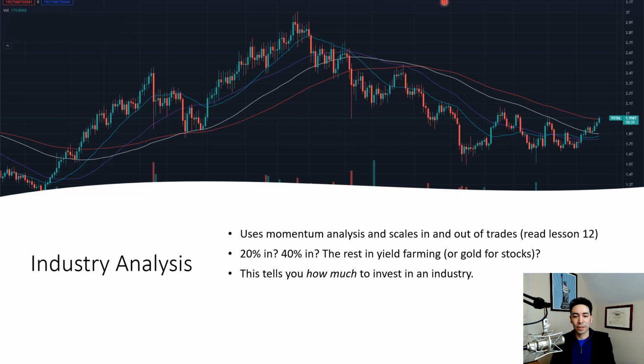So it'll tell you something like, should you be 20% in the crypto market, 40% in the crypto market? And if so, say you're 40% in the crypto market, then the rest would be yield farming or gold or stocks, right? Something like that. That's what it tells you, and it's a lead indicator. I can tell you what this one is for the crypto market. It's the total. It's just all cryptos, right?